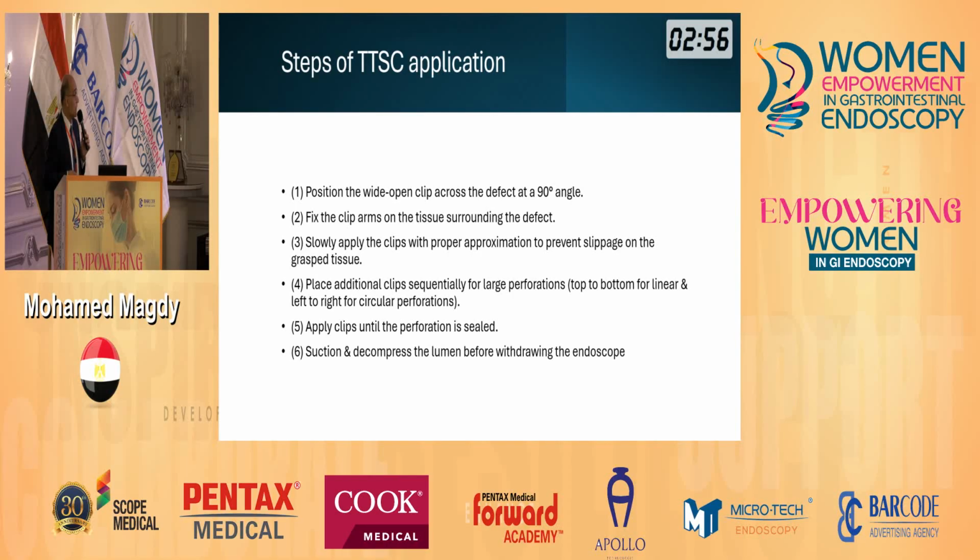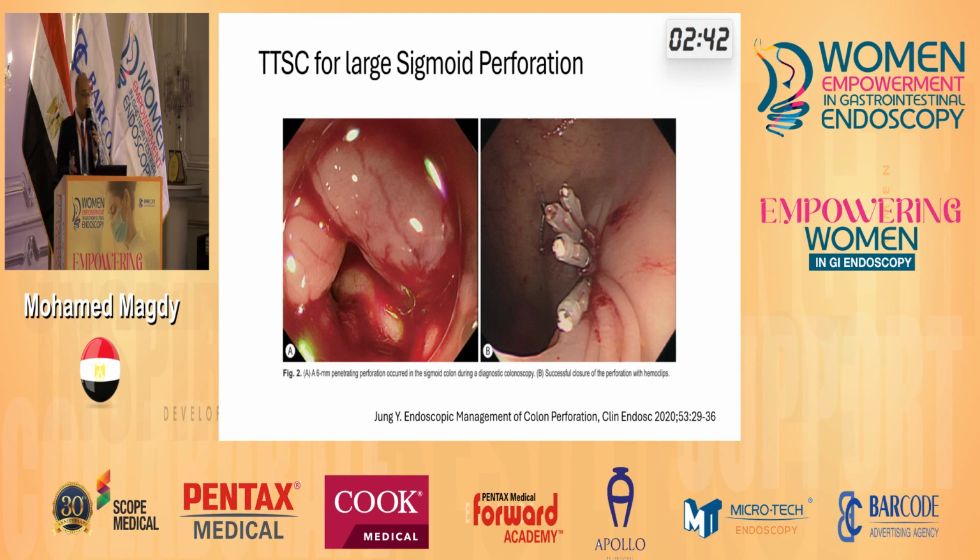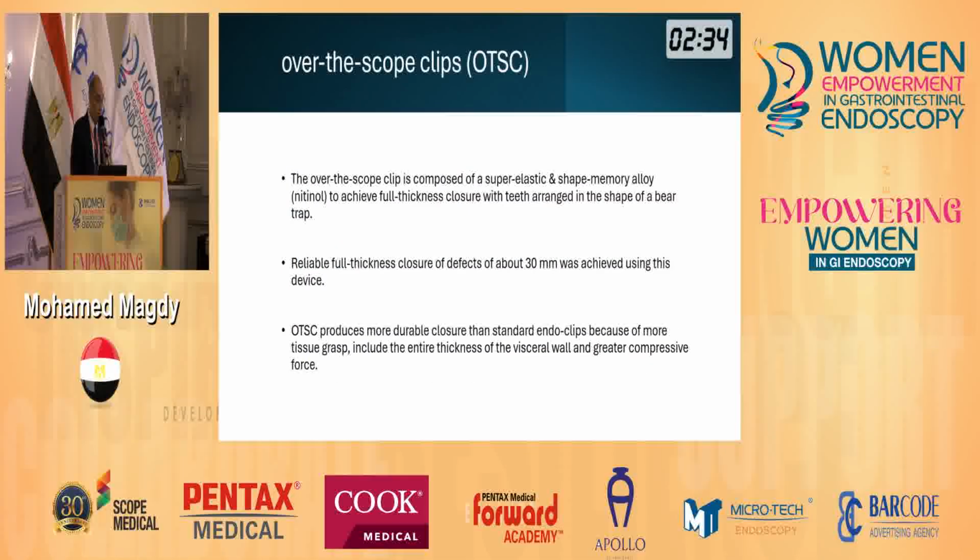Additional clips can be used for a large perforation. Suction or decompression of the fluid should be done before withdrawing the endoscope to minimize the leakage. This is a perforation, and we have 1, 2, 3, 4 clips to close this perforation.